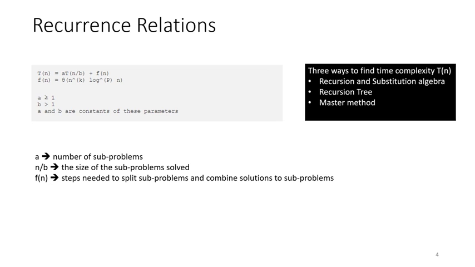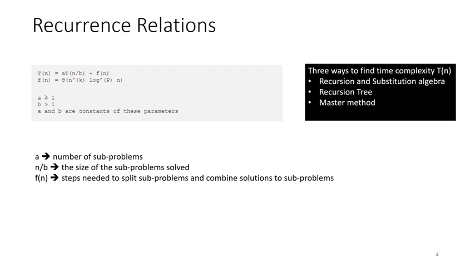So in the essence of the algorithm analysis for recurrence relations, the scenario that we described before in the illustration of the binary search, we can represent it as a simple function like T(n) equals a times T(n/b), plus f(n), when f(n) has the complexity of n to the power k log to the power p n.